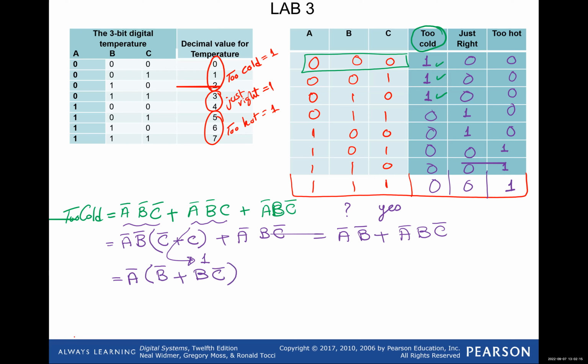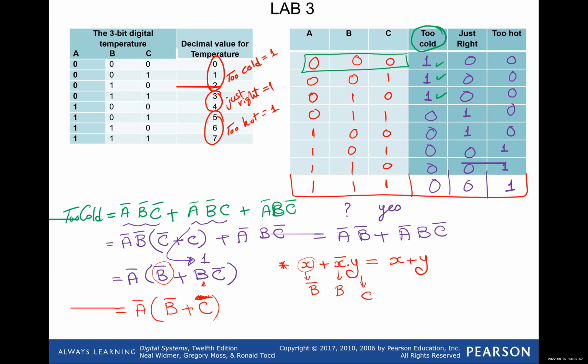Now following the golden rule that says that any variable ORed with the complement of the variable that has been ANDed with a different variable is just going to be the 2 variables ORed together. So this one is going to be analogous to the X complement, this is going to be the B, and this is going to be the C. So my X here, the one that's alone, is the B complement. If you complement it again, you're going to get the B back, and then you have your Y, which is analogous to the C. So here my too cold is just going to be the A complement, B or C complement, or C, sorry.